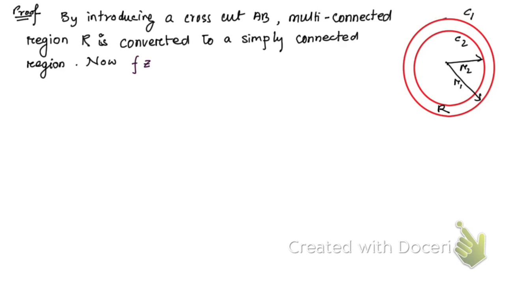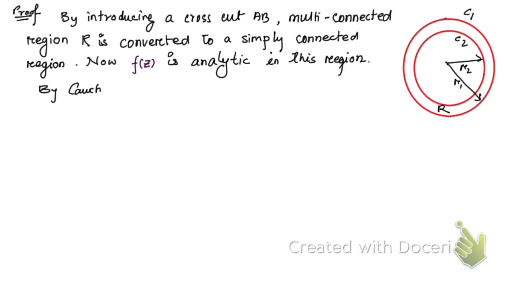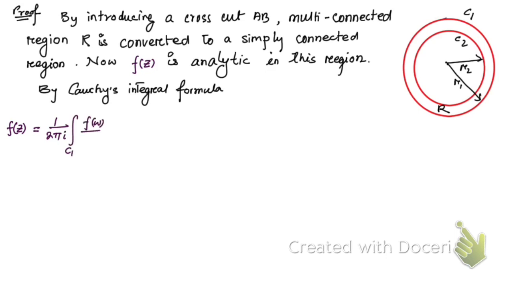Now if f of z is analytic in this region, then by Cauchy's integral formula, as I have already explained, we can write f of z equal to, so let me write these things that we have done. Let me make this cut here. This is the direction.